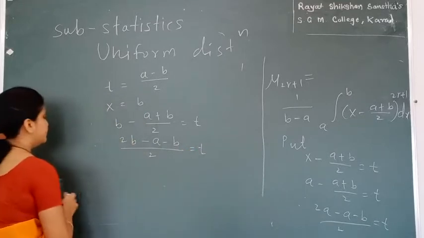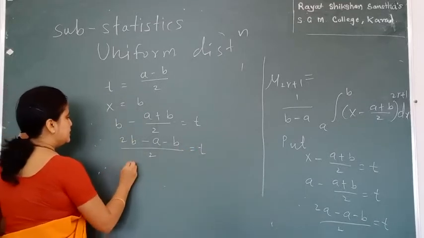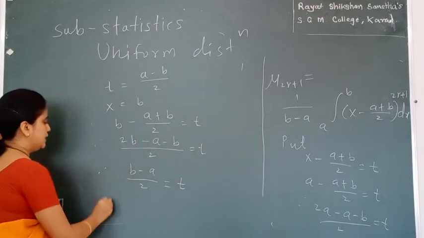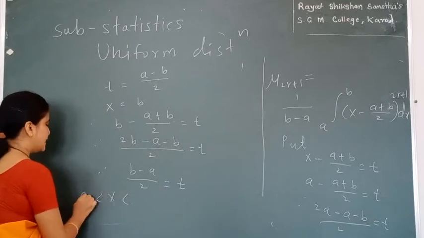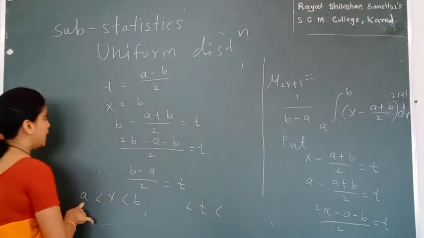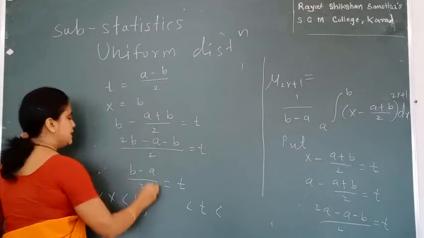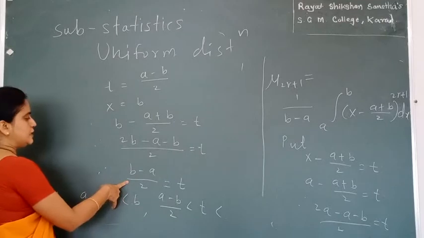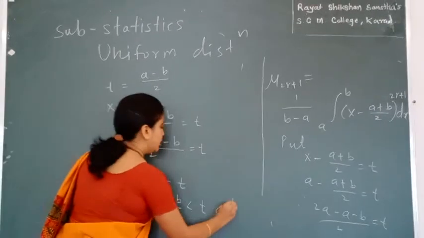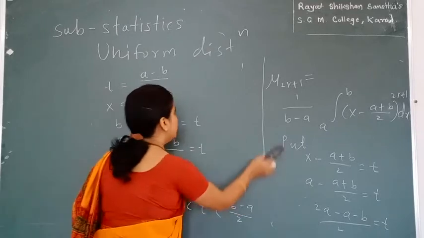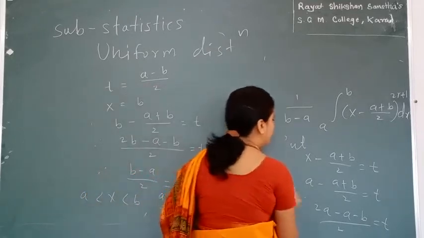That means t is equal to (b minus a) divided by 2. So for the range of x as a to b, the range of t is (a minus b) by 2 to (b minus a) by 2. That is my new range.